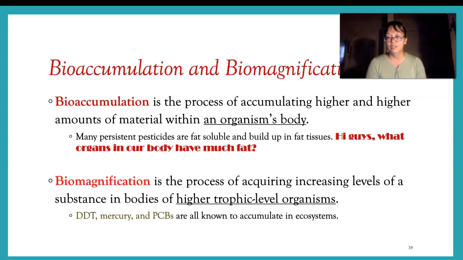It could be a fish, could be a human, it could be a phytoplankton, it could be a tree. And biomagnification means a group of individuals across trophic levels. When the trophic level goes higher, the concentration of the chemicals gets magnified, meaning increasing many folds.